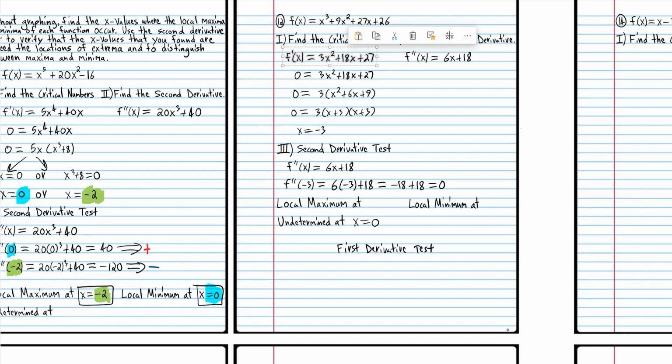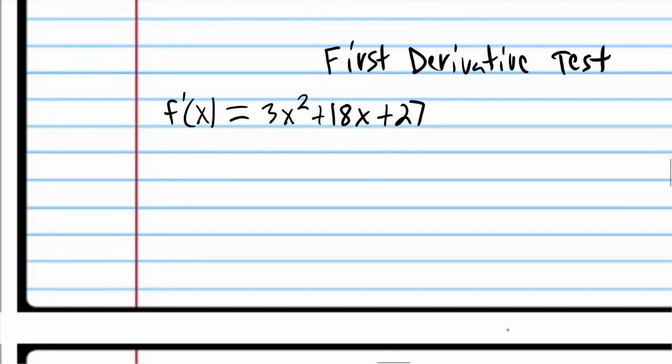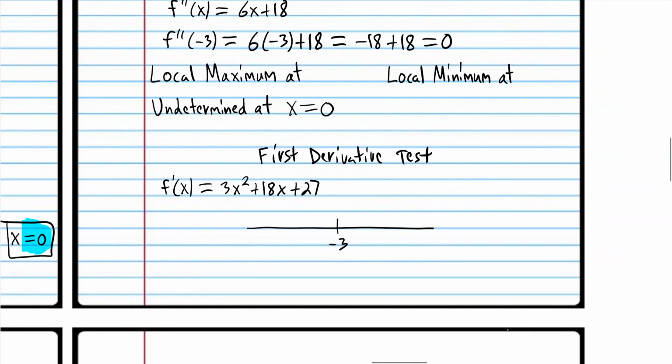So let's bring that down. We already found that. So remember, how it works is you have a sign chart, and it's going to be really easy for this problem because we only have one critical number. And then we just check the sign of the derivative, that is. So we're going to plug in -3, or a number around -3, that is. So let's try -4.